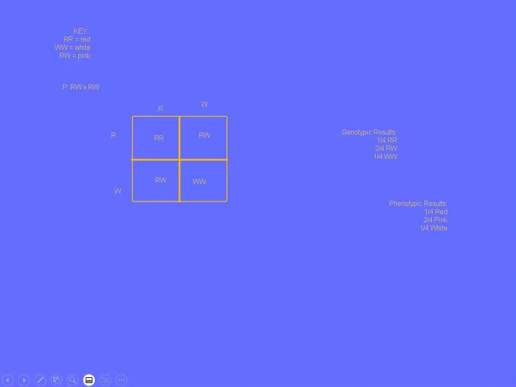A 1 out of 4, or 25% chance, of red flowers, 2 out of 4 or 50% chance of pink flowers, and 1 out of 4 or 25% chance of white flowers. So that's interesting: if we cross two parental snapdragons with pink flowers, the offspring could have all three possible colors, red, pink, and white, in a 1 to 2 to 1 ratio.